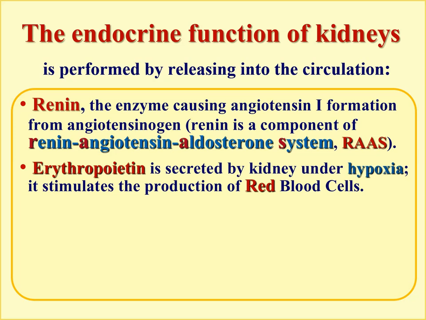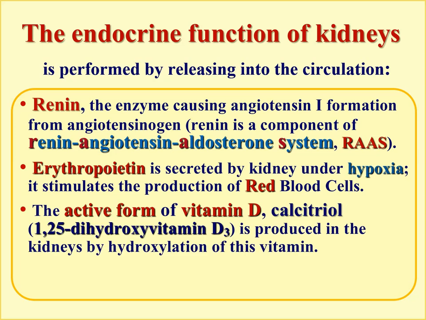Erythropoietin is secreted by the kidney under hypoxia. Hypoxia is the main stimulus for erythropoietin secretion, and in turn this substance stimulates production of red blood cells in the bone marrow. Then, formation of the active form of vitamin D, calcitriol, or 1,25-dihydroxy vitamin D3.